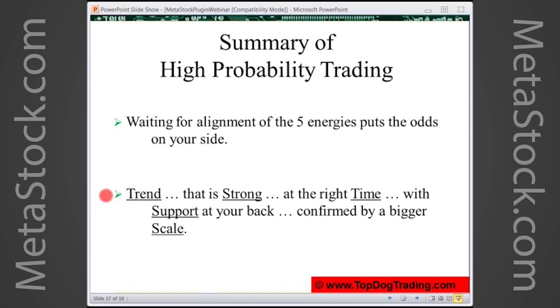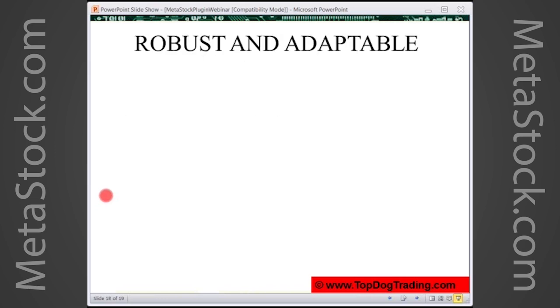Then at the right time, I wait for my cycle indicator to tell me it's time to enter. I want to be buying off support or shorting off resistance, and then confirm it all by the larger scale, meaning going to the longer time frame and trading only if the momentum indicator is angling in the direction of my trade. If it isn't, then I will pass on the trade.